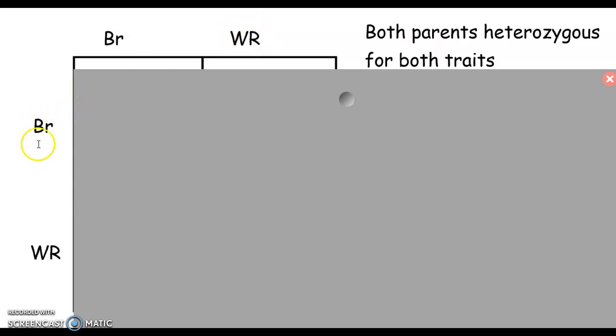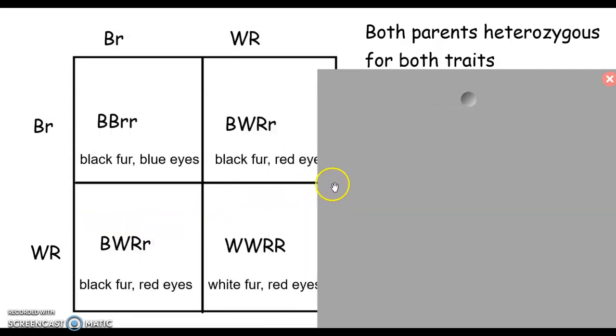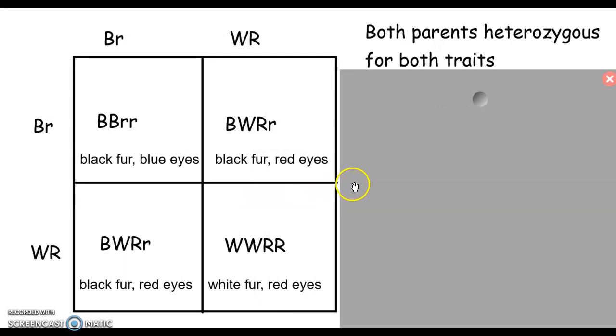And if in this fictionalized example, the female parent had the same genotype, you'd see the same thing on the left-hand side. But now we can fill in our Punnett square, and our Punnett square becomes the combination of both genes.